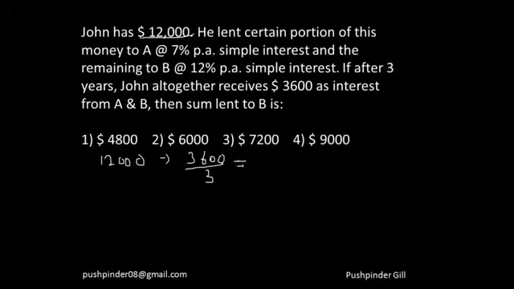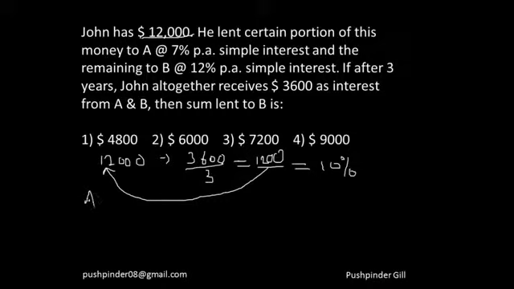That means per year he got $1,200 back, and this $1,200 is what percent of 12,000? It is 10% of 12,000. So overall he received a 10% rate of return.